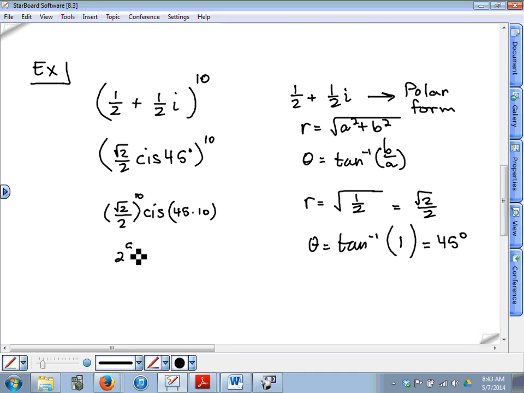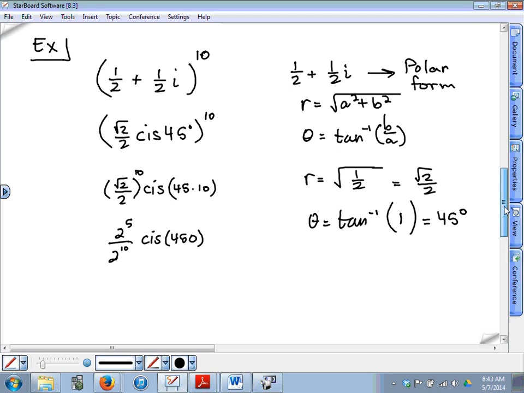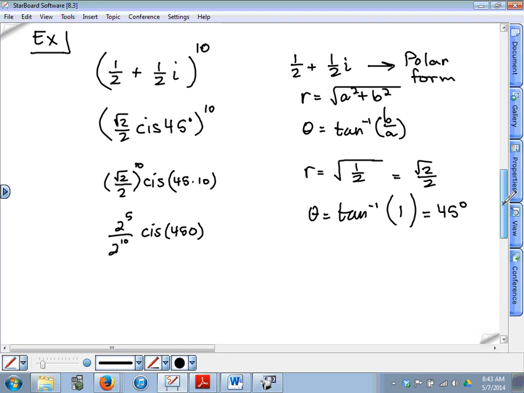So this turns into 2 to the 5th over 2 to the 10th, cis 450. Now 2 to the 5th divided by 2 to the 10th. You should also know how to deal with that from prior algebra classes. Maybe not this year, but last year or the year before. These are all just rules of exponents you should know. There's going to be a 2 to the 5th in there somewhere.